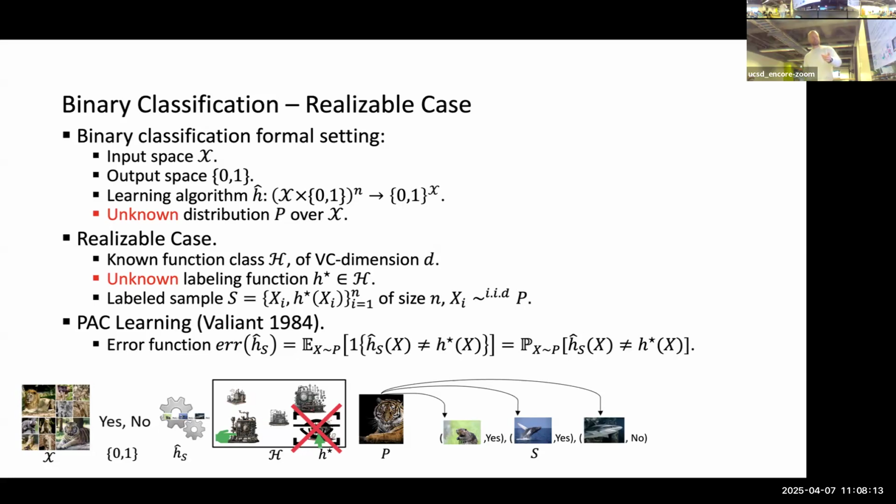It is defined as the probability, over a fresh data point from the distribution P, that whatever predictor you output, this h hat of S on the training data set S, misclassifies a new data point from the same distribution that the training data was obtained from. The goal is for this probability to be as small as possible. So the goal is really to produce a hypothesis that minimizes the error under the same distribution.